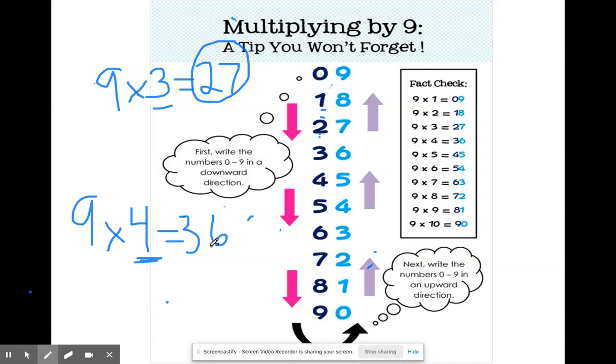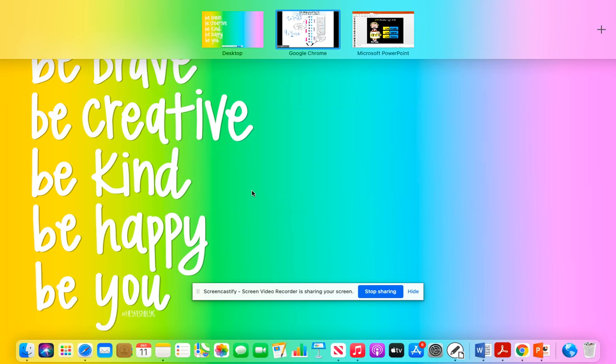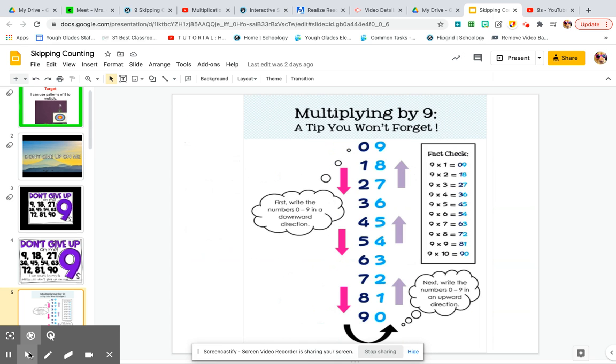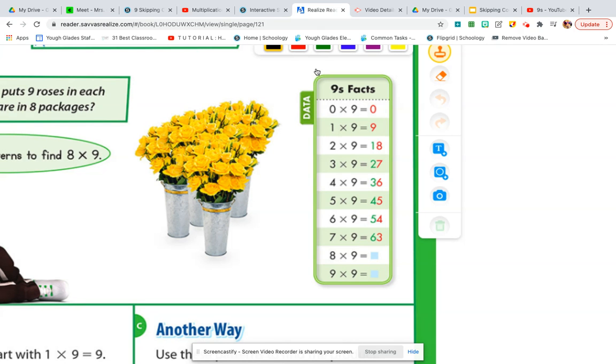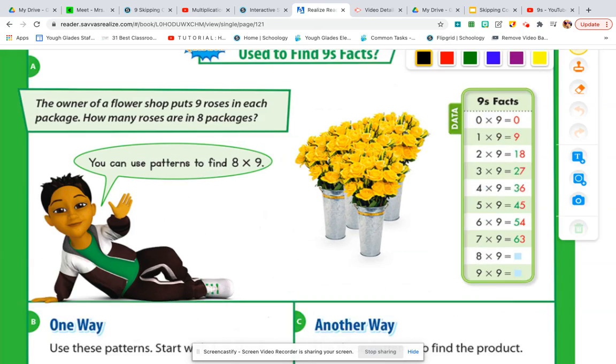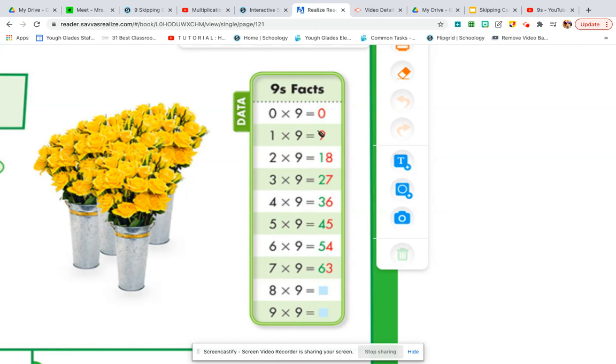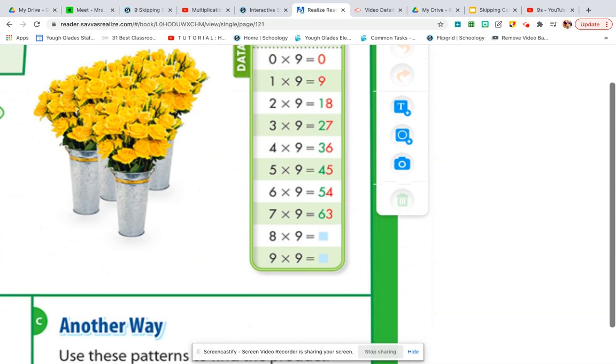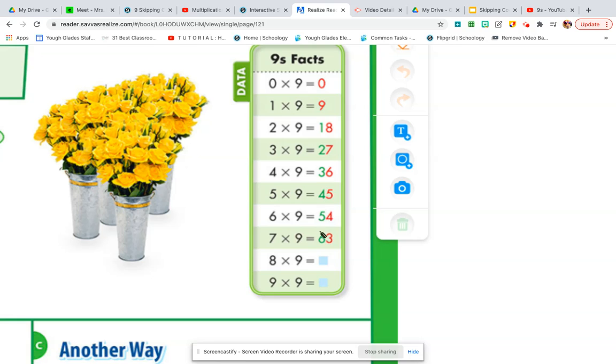So let's apply this to page 69. We're going to go back to page 69 here. If I wanted to finish this table, actually, this isn't page 69, but if I wanted to finish this table, I know that the tens column goes up in ascending order, 1, 2, 3, 4, 5, 6, 7, 8.